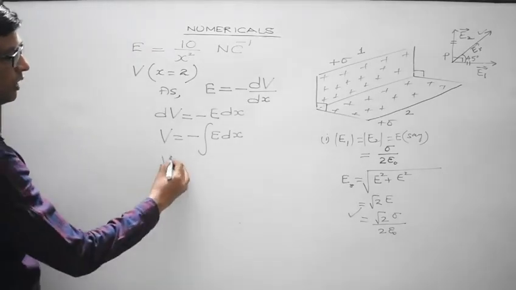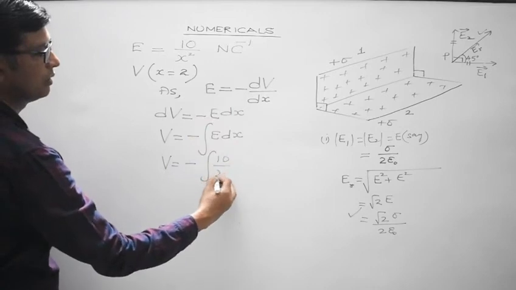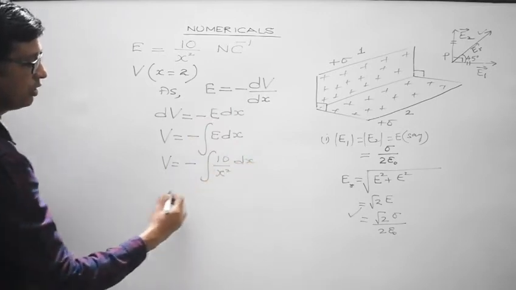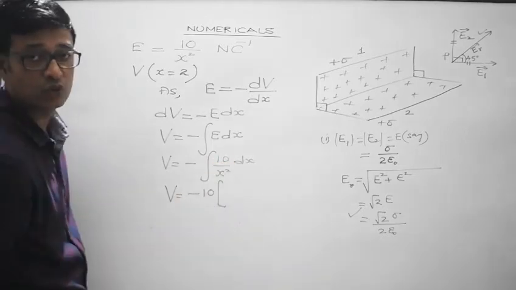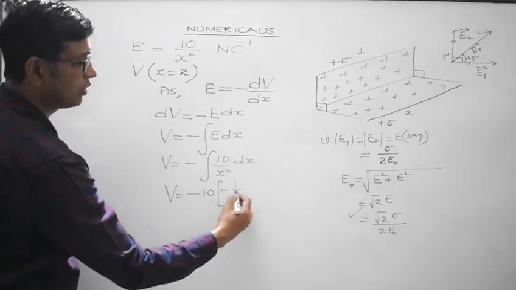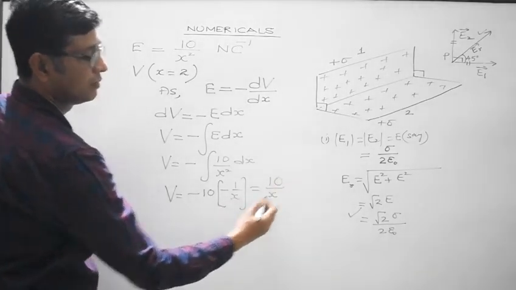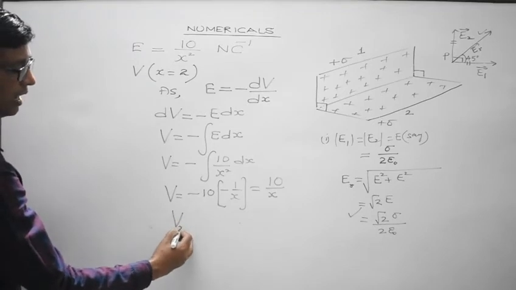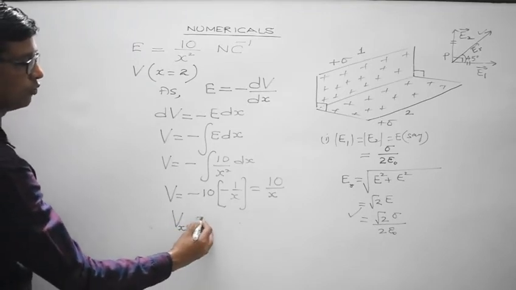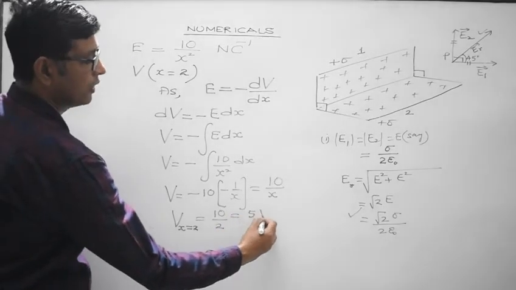Now substitute the value. Over here what you get is 10 by x square dx. 10 being constant, it can be taken outside. Integration of 1 by x square is equal to minus 1 by x. So we get 10 by x. So therefore, the potential at x equals 2 would be equal to 10 by 2, which will be equal to 5 volt.